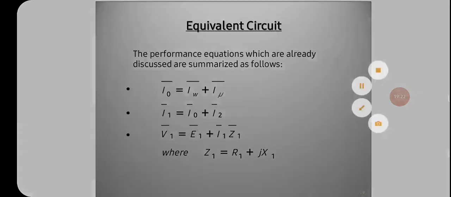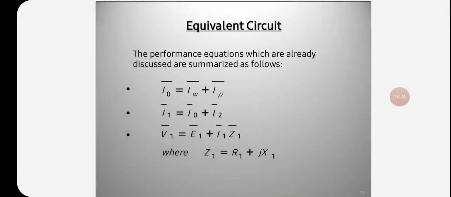So next we go for the equivalent circuit. That equivalent circuit will be based on the performance equations, which are already discussed, summarized as vector forms: I naught is equal to working component plus magnetizing component, and I1 is equal to I naught plus I2.